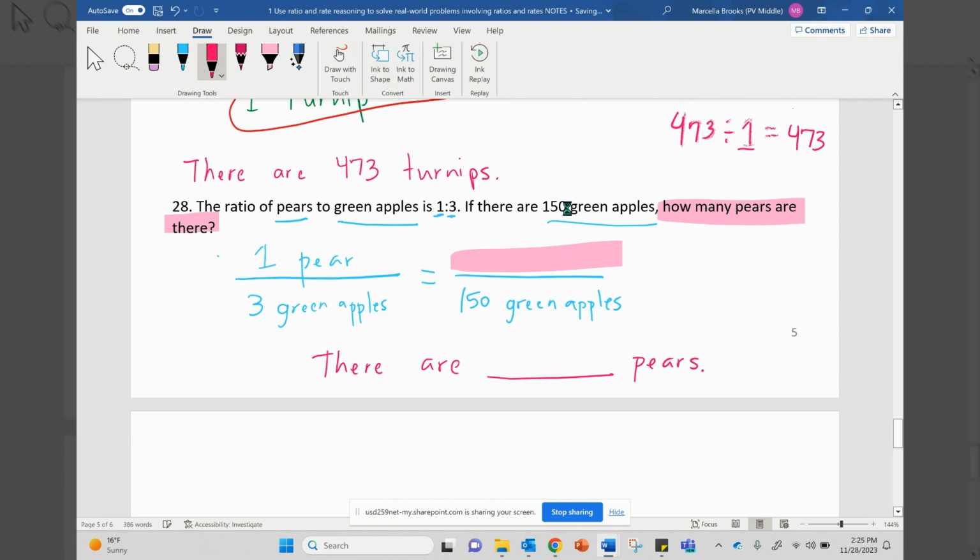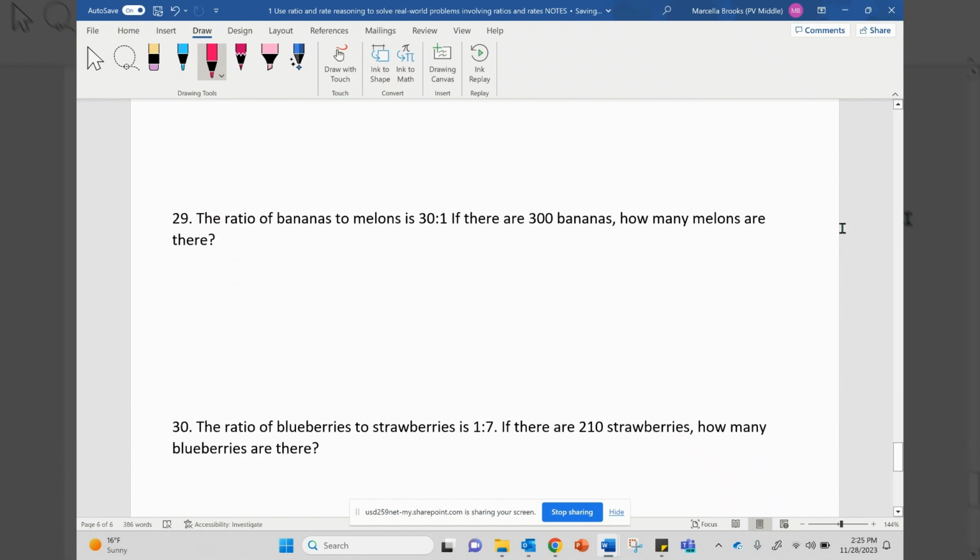Okay. Number 29. The ratio of bananas to melons is 30 to 1. If there are 300 bananas, how many melons are there? So I'll set this one up. Bananas is 30. So 30 bananas. And melons is 1. 1 melon.